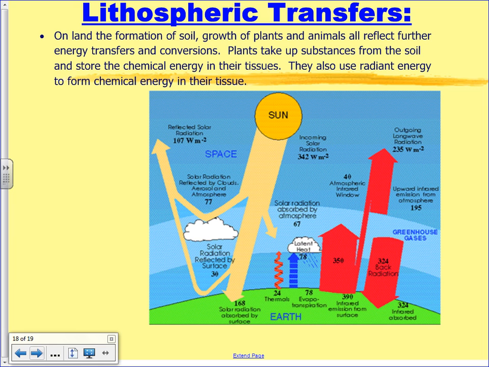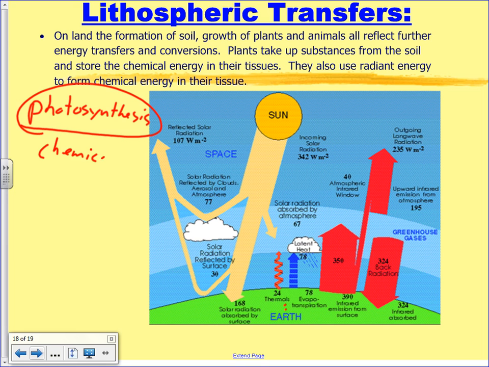The other role that the lithosphere takes in terms of energy transfers is that it allows this to happen. Without the lithosphere, there'd be no soil. With no soil, there'd be no plants. No plants, no photosynthesis. So it doesn't really transfer so much of the heat energy as it helps to form and transfer the chemical part.